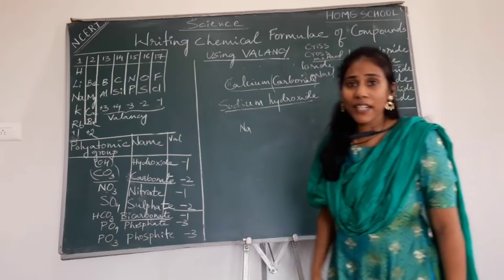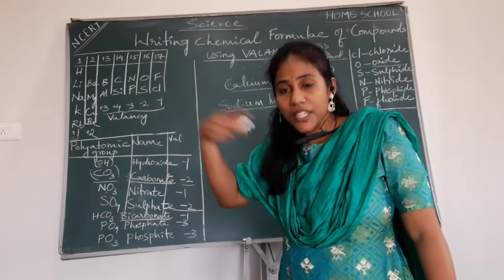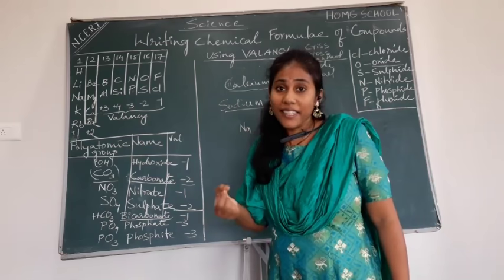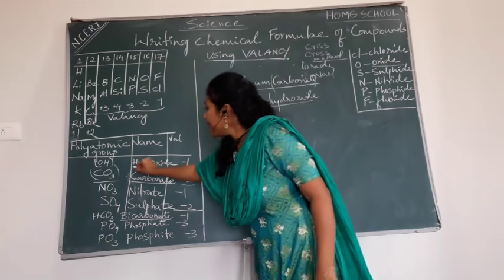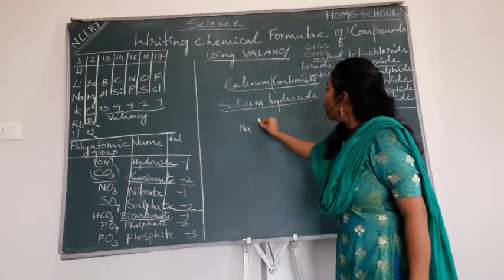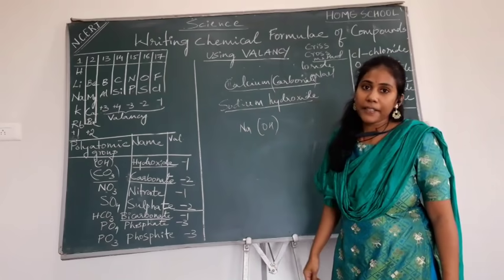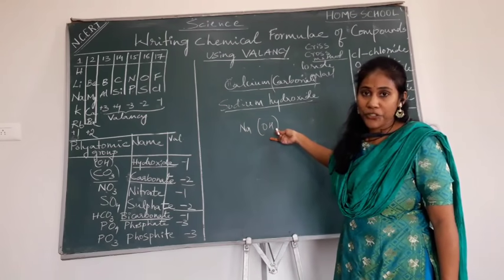Hydroxide, again it's not a single element that is there in the periodic table to search for its name and valency, right? It is a separate polyatomic group. What is its symbol? OH. OH is the symbol for hydroxide. Okay, you can mention it in a bracket if you are getting confused, right?